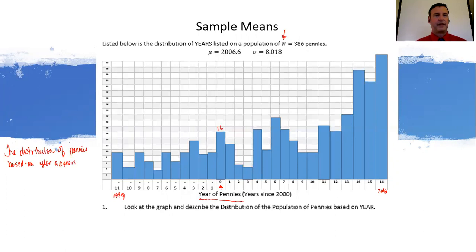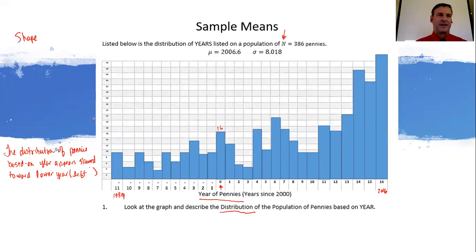It appears skewed toward lower years, or you can say skewed left. And that is the first representation for describing a distribution. We talk about shape.